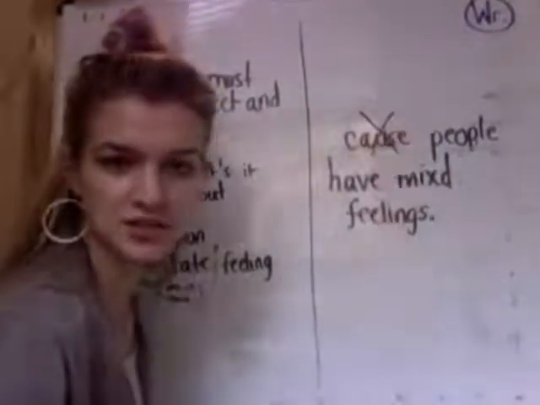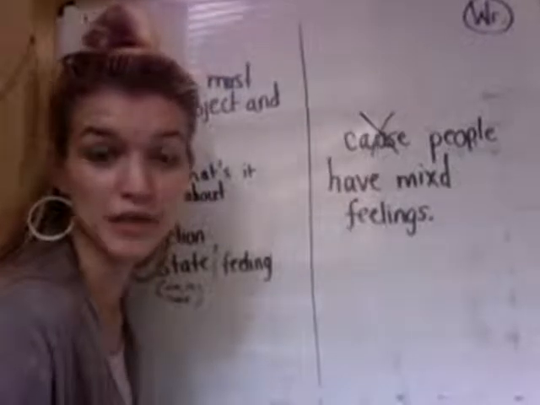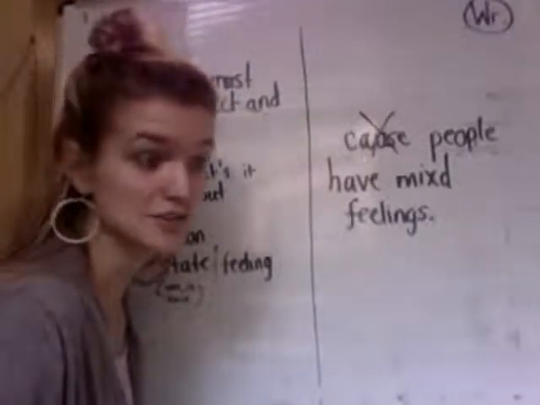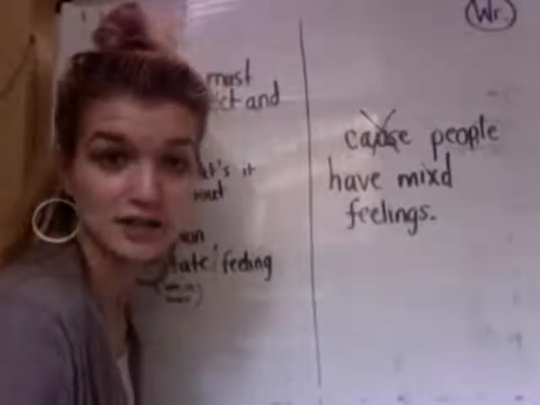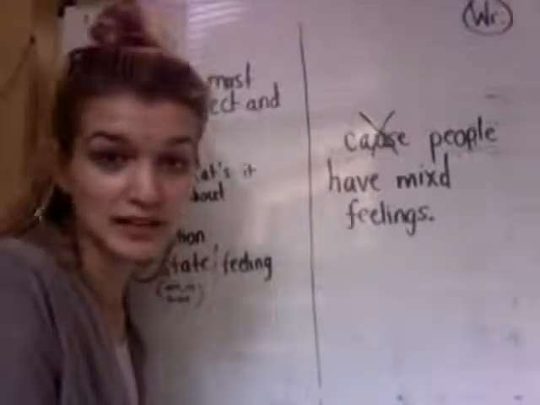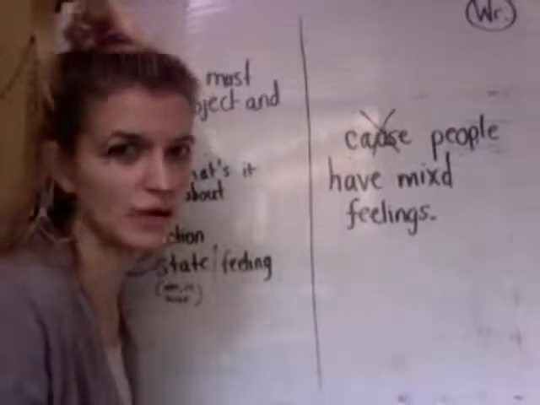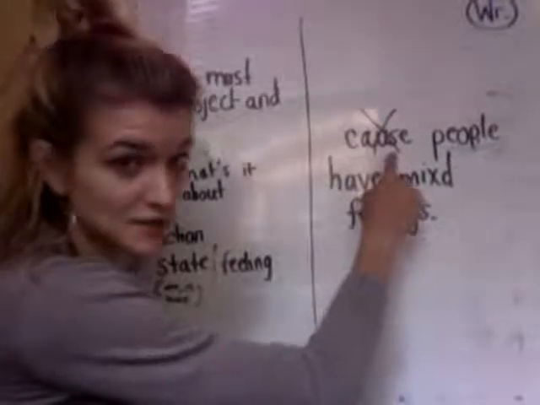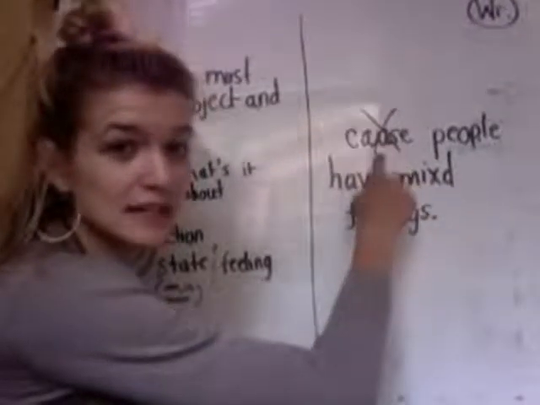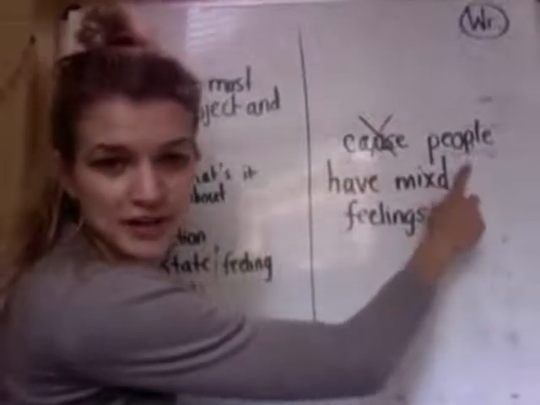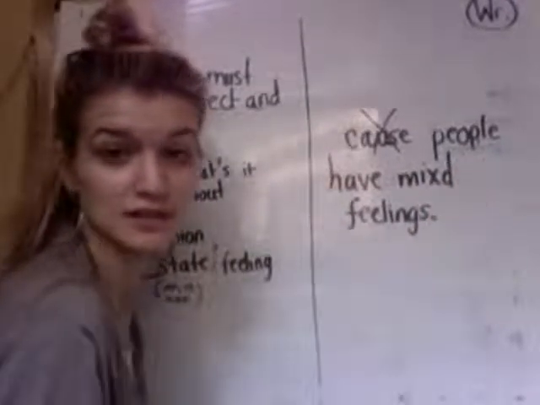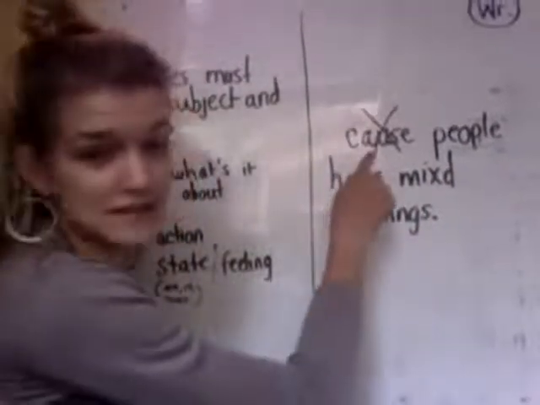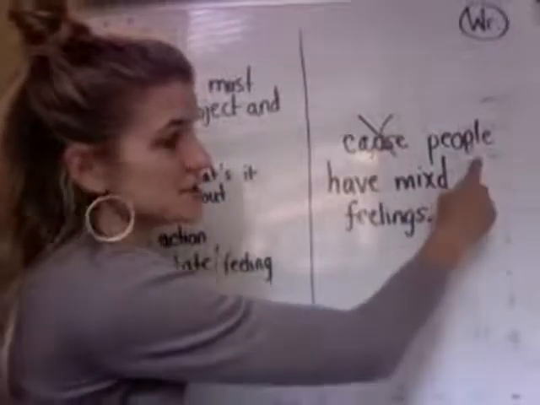So you guys should not be starting a sentence with because unless you have the cause. Because people have mixed feelings, this shows. That would be okay. But you can't start with because. You need to think about starting your sentence with the subject. Okay? So cross that out, and you need to start with the subject.